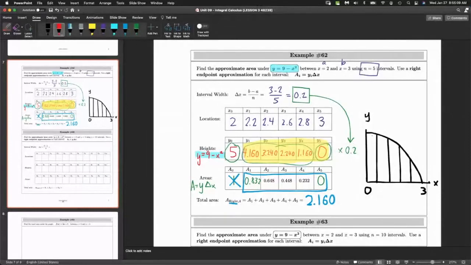So 4.160 is right there, and then this height here is 3.240. Obviously, it's not to scale, so please don't take me to scale here. 2.240. This one here is 1.160. You see those heights? And what was the height of the last rectangle? It's 0. That's this height. So that's actually 0, but I'm giving it a little bit of a gap there so you can actually see it on the screen, but it's 0.